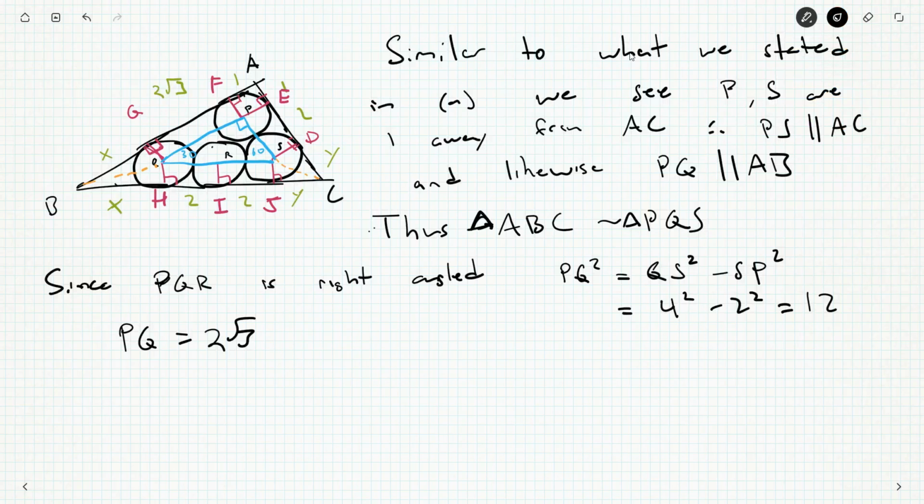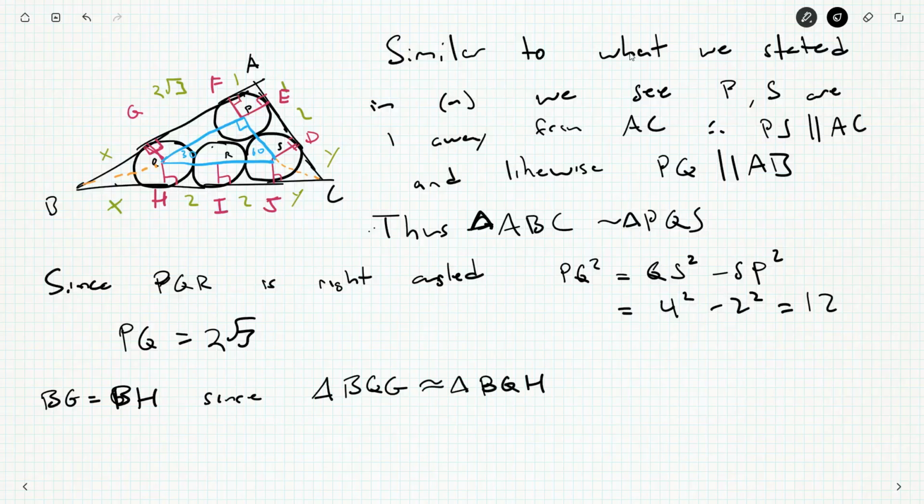So let's note some things. BG is equal to BH, since triangle BQG is congruent to triangle BQH by side, angle, side, or because it's a right angle and I know these two side lengths, doesn't really matter.